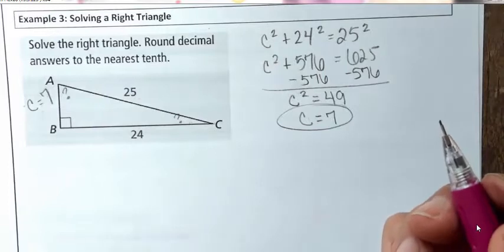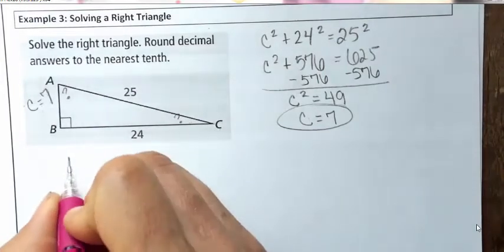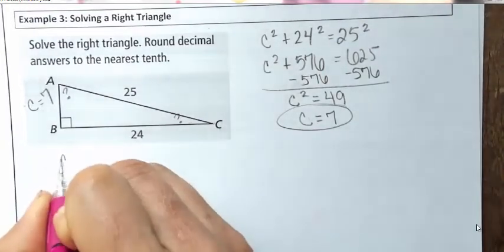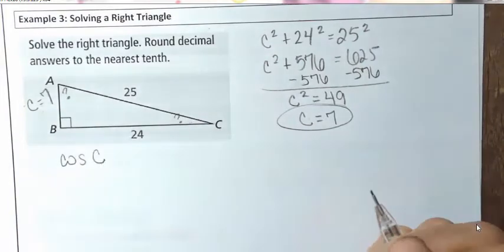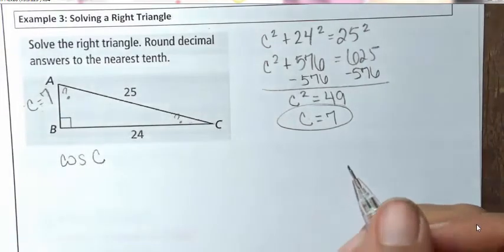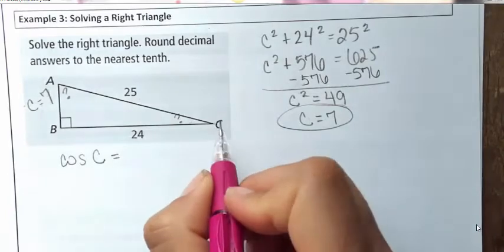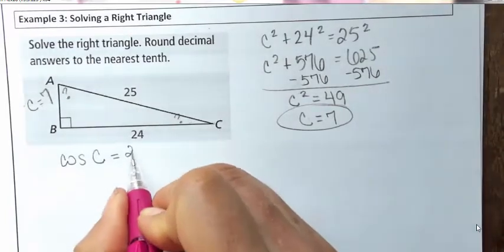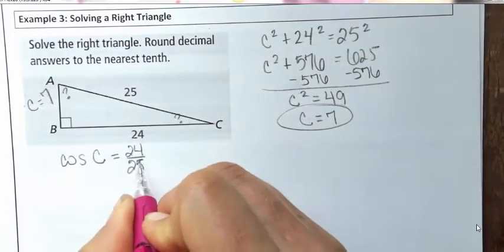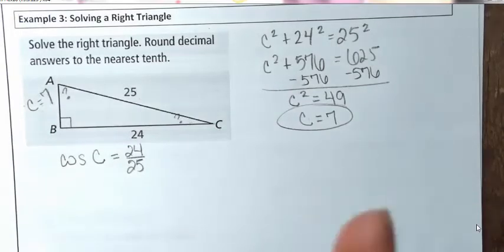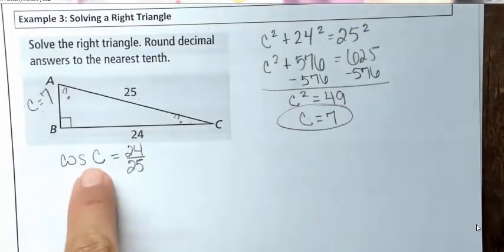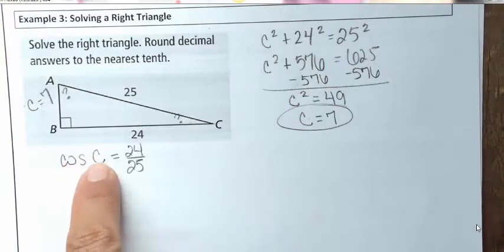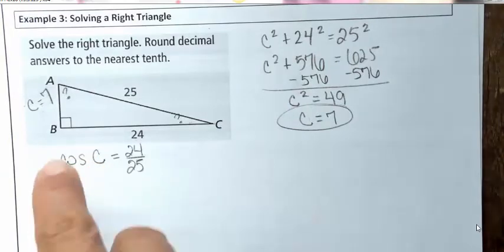It doesn't really matter. Why don't I do cosine of C, since they both start with C? So cosine of C is equal to adjacent over hypotenuse. But I need to get C all by itself, and the only way to do that is to do the inverse of cosine.